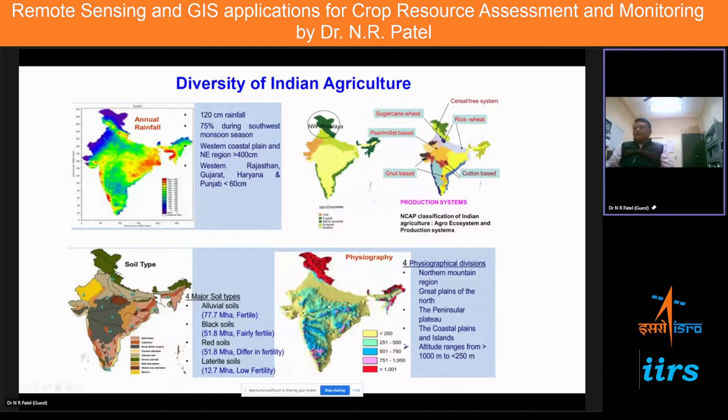Similarly, physiography, large variation you will see. In India, you will find peninsula, desert, river terrace, flood plain, alluvial plain, hills. Name any kind of landform, you will find it in India, because India is a very big land mass. So this large heterogeneity with respect to soil types and all this limits the possibility of use of remote sensing data, even though we have many cropping systems in practice.